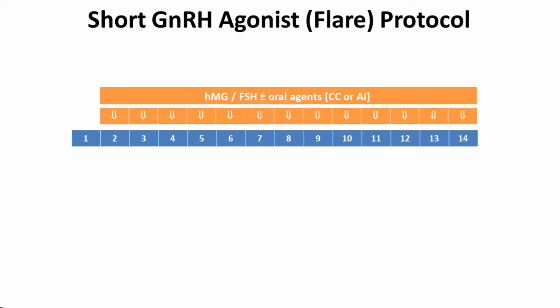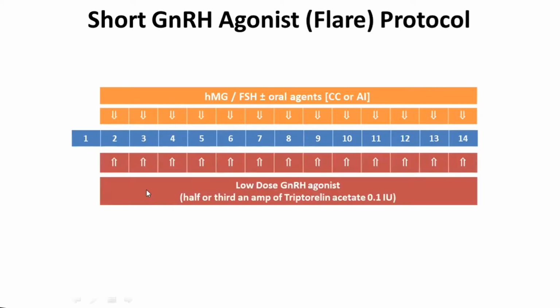In the flare or short agonist protocol, we start stimulation on cycle day 2 by either HMG or FSH alone, or with oral agents. And we start low dose GnRH agonist, which is half or a third of an ampoule of triptorelin or decapeptyl, half an ampoule every day, or a third of an ampoule every day.